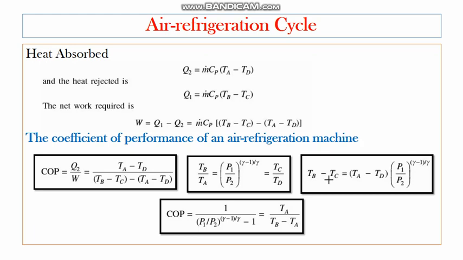Once I substitute this Tb minus Tc in the COP equation, I'll get the COP in terms of T1 and T2. That can again be written in terms of Ta by (Tb minus Ta). So this is my final COP equation for the air refrigeration cycle. This mu is nothing but the ratio of the specific heats, which will be given in your problem. So this is about the equations for the air refrigeration cycle.